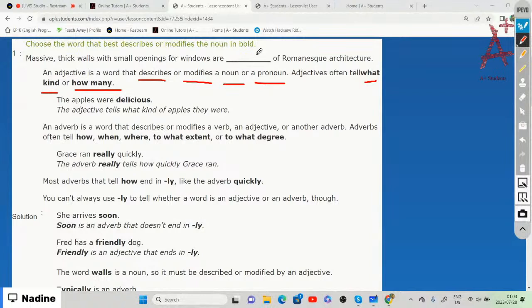If we look at an example, we can say, the apples were delicious. So the word delicious is the adjective, right? And delicious is the adjective that tells us what kind of apples they were, which means they were delicious apples, right?